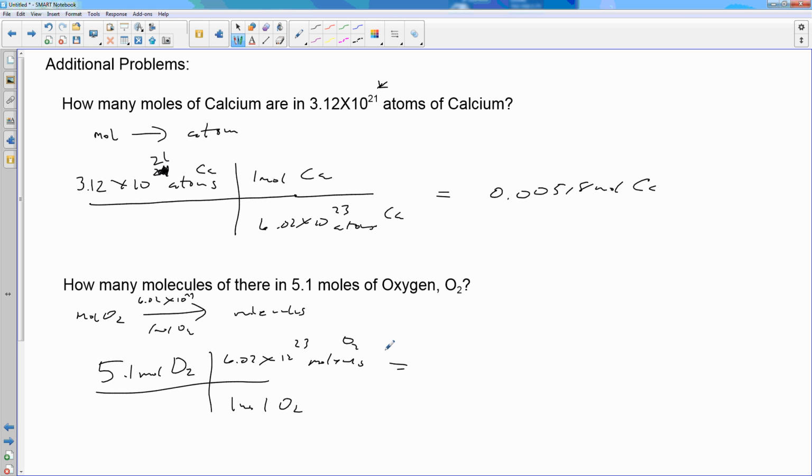And so when you multiply that out, you should get something close to 3.07 times 10 to the 24th molecules of O2.